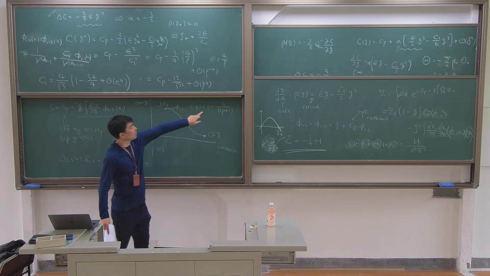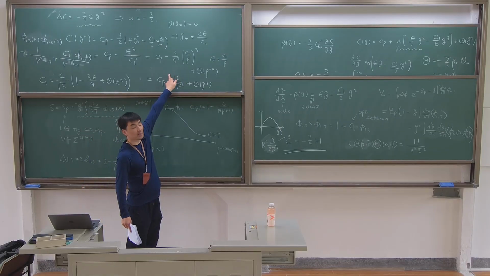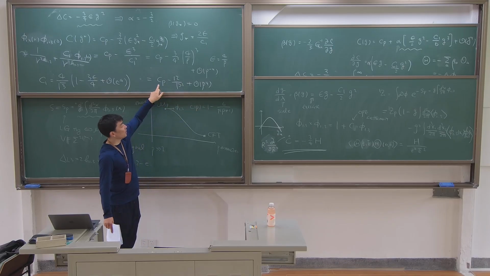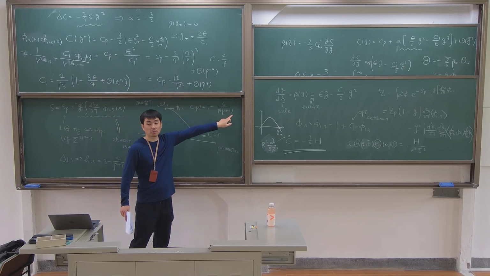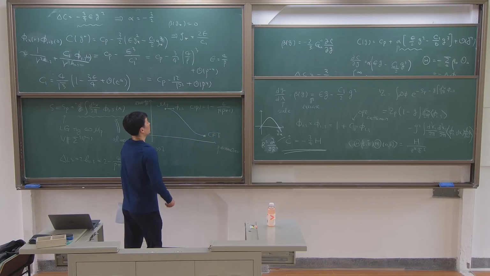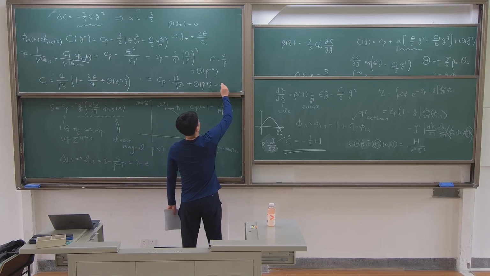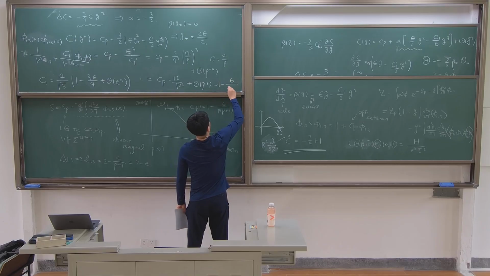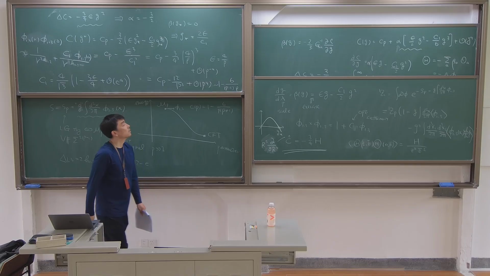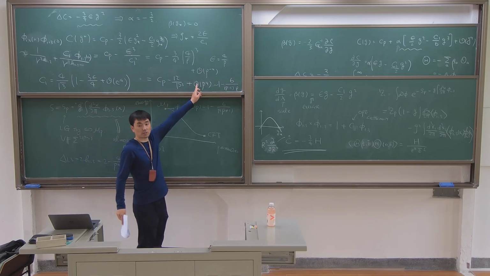So now plug this one into here. Here C_P is 1 minus 6 over P(P+1), and then this one is of order 1 minus 6 over P(P-1), up to P to the 4th.